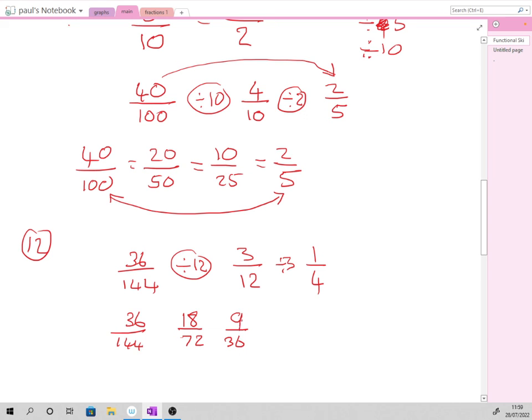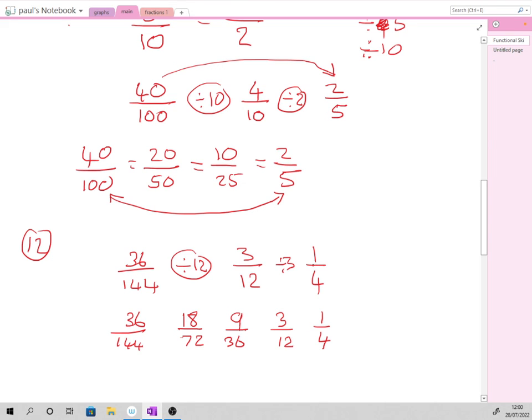Now, I cannot divide by 2 because I've got 9. So 2s don't go into 9, although they do go into 36. So I could say, oh, let's divide that by 3. So I get 3/12. And you see, I can divide by 3 again to give me 1/4. And so I get the same answer.